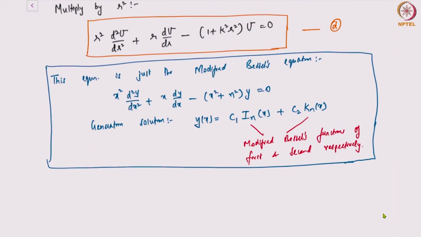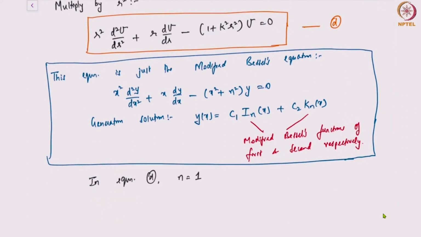So in equation D, n can be thought of as 1. Okay, n can be thought of as 1.